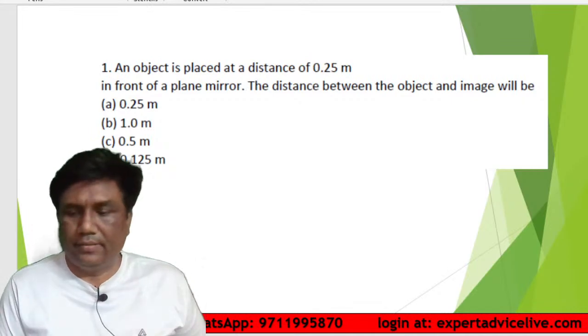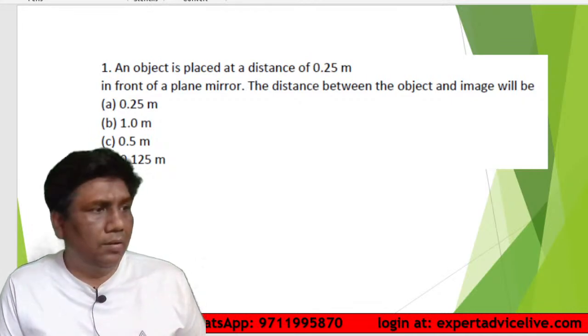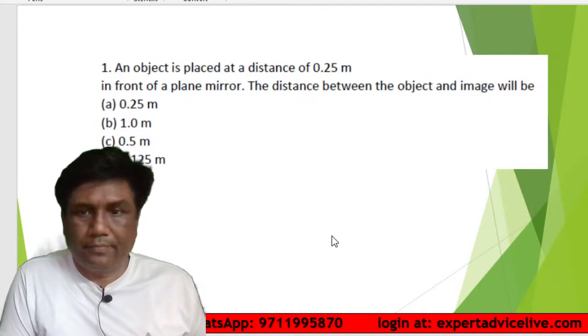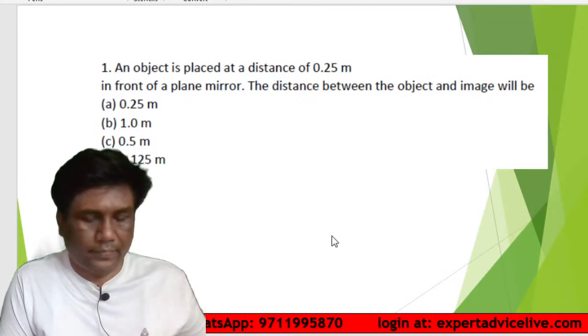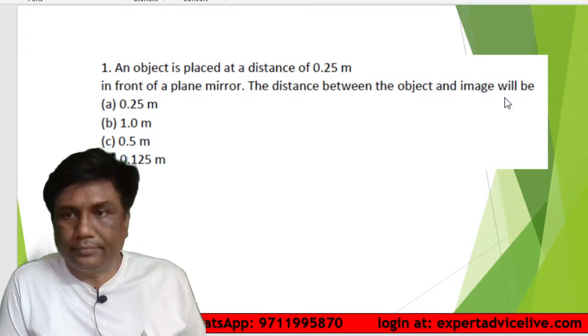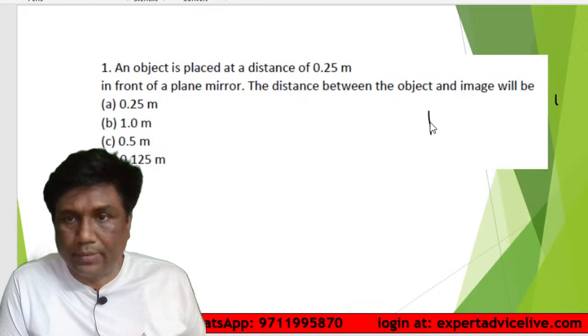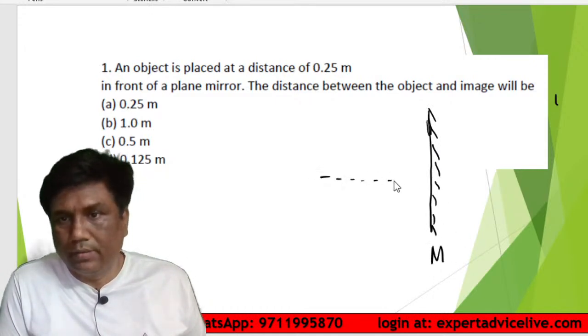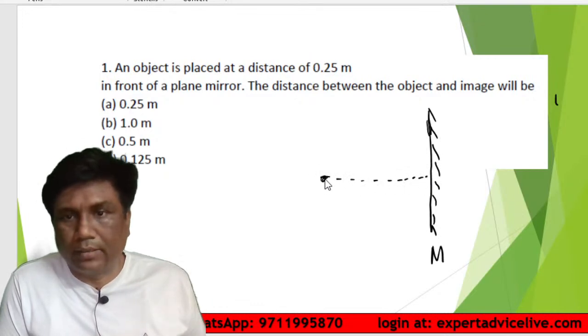It is a basic problem on reflection through a plane mirror only. So what is the concept behind it? Say this is the plane mirror, and in front of it we have one object O here.